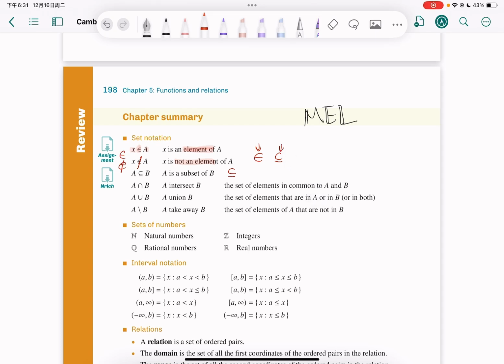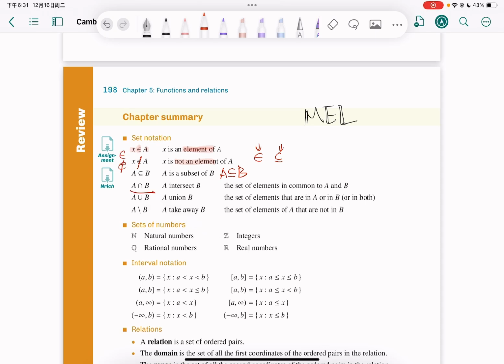Okay, so A is a subset of B, we write A is a subset of B. Okay, if set A intersects with B, so some elements from set A are also from set B, then we write it this way.